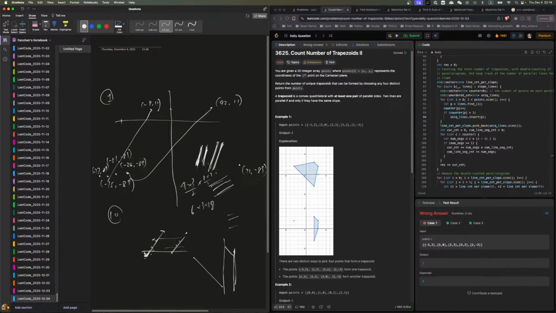Oh man. Not all parallel lines form because these are not full lines. Jeez.